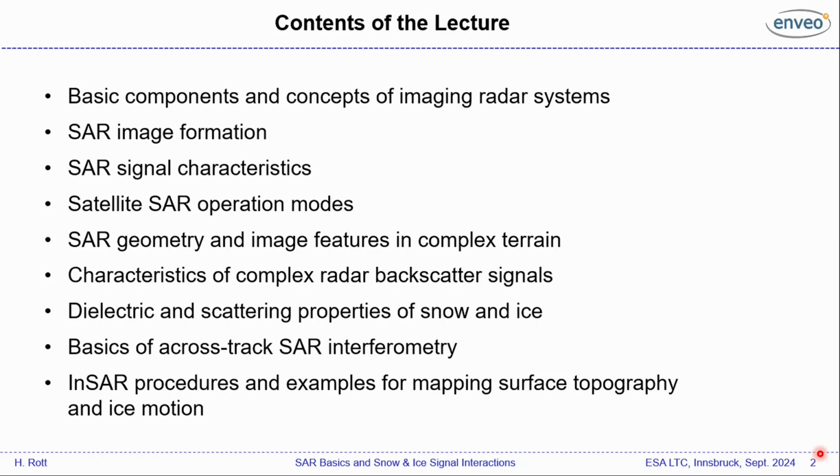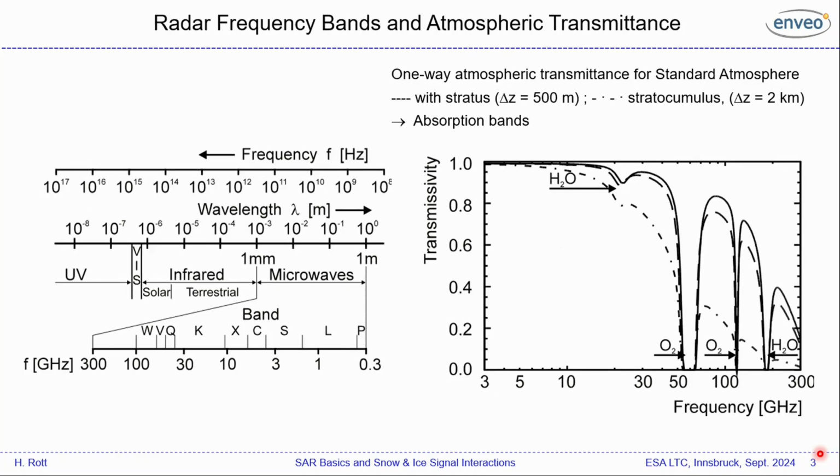Then I go on with dielectric and scattering properties of snow and ice, and then switch over to radar interferometry, a brief introduction on the basics of SAR interferometry, and show procedures and examples for mapping surface topography and ice motion with interferometry.